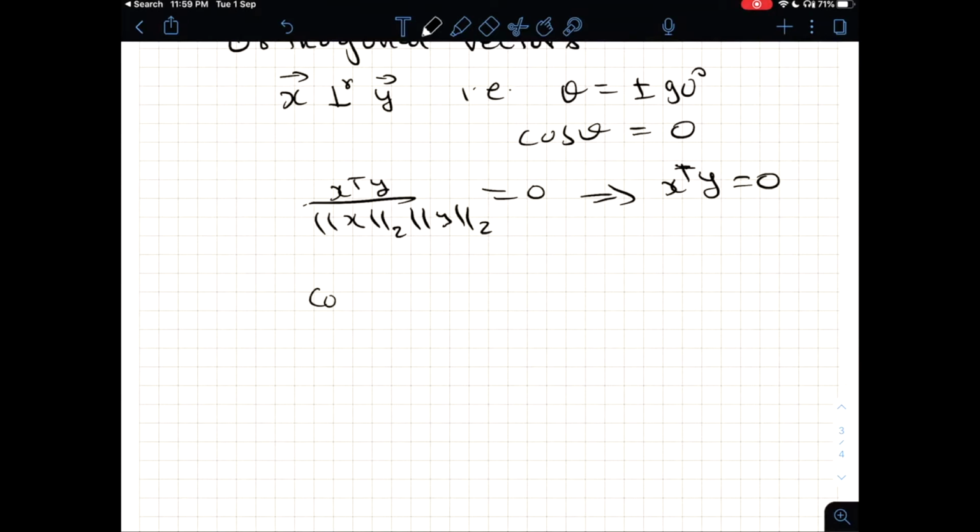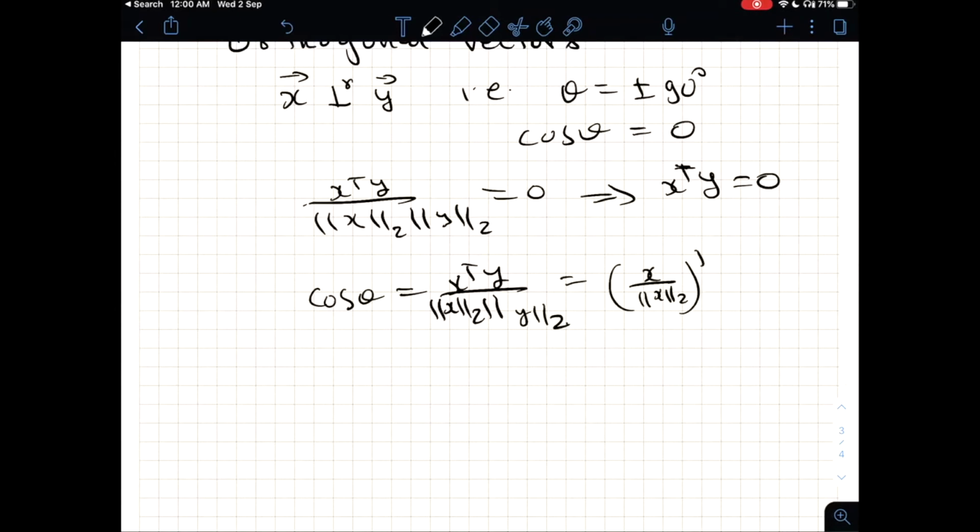Now coming back to my definition, x transpose y divided by length of x times length of y, this can be written as x divided by length of x, transpose, times y divided by length of y. This is like saying that I am looking at the unit vector in the direction of x times the unit vector in the direction of y, and this is cos theta.